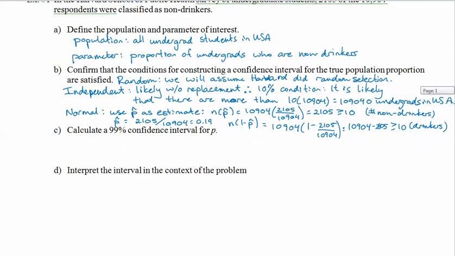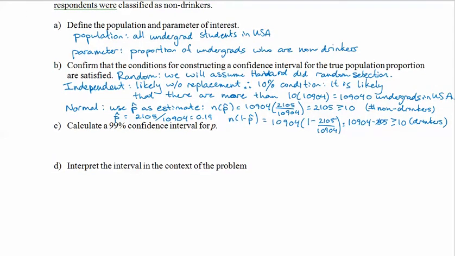All right. We now need to calculate a 99% confidence interval for p. So for this, let's just do our sketch. For 99, we want the shaded area here. And so we need to look at the tail areas. 1 minus 0.99 is 0.01.